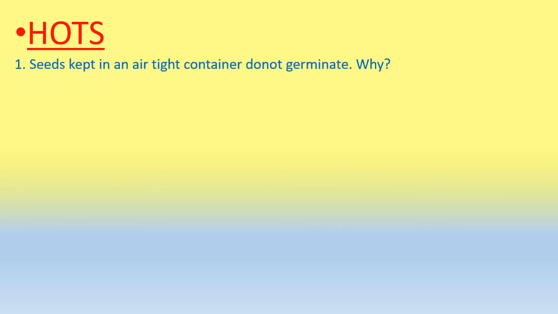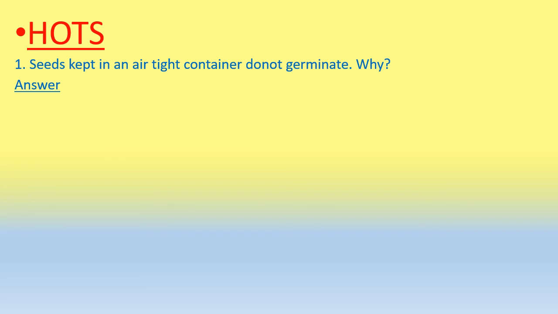Let's do some HOTS, meaning higher order thinking skills. The first question is, seeds kept in an airtight container do not germinate. Why? As I told you earlier, in the process of germination three conditions are required if we want a seed to germinate properly, and those are air, moisture and warmth.